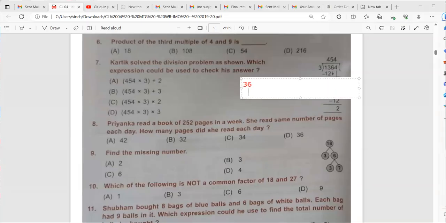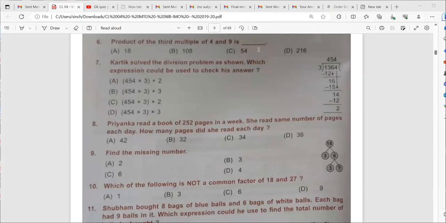If you multiply 36 and 3, what is the answer coming? 108. Very good, Udit. Thank you for your answer, beta.